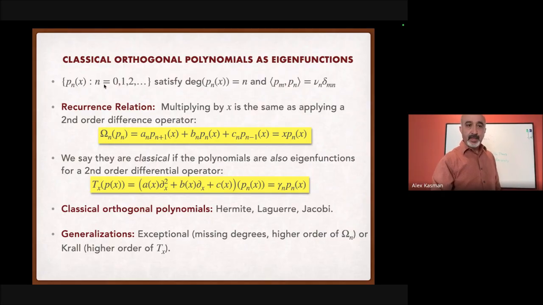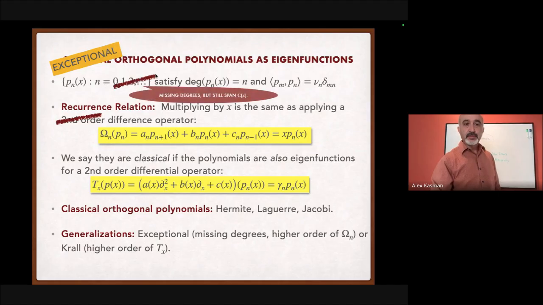So the thing that's different about exceptional orthogonal polynomials is there's no longer a polynomial of every degree. There's a finite number of missing degrees, and yet, at least in the Hilbert sense, those polynomials still span the same space. You can write every polynomial as a linear combination of them, but it might have to be an infinite linear combination. Of course, it can no longer be just a finite combination.